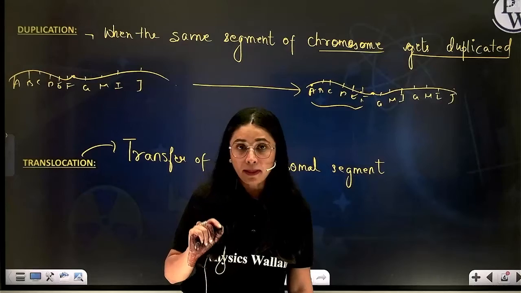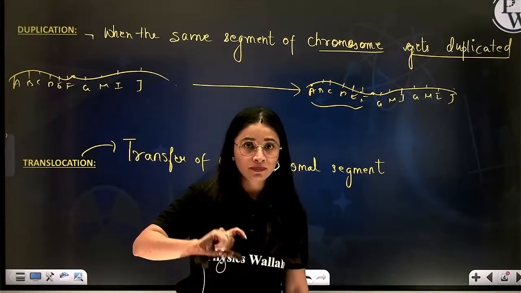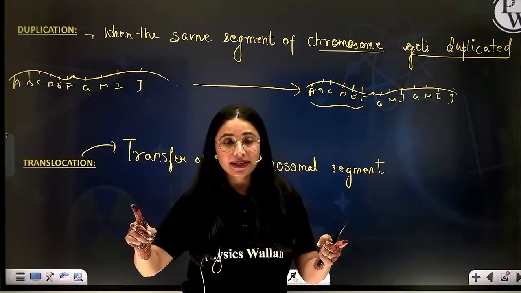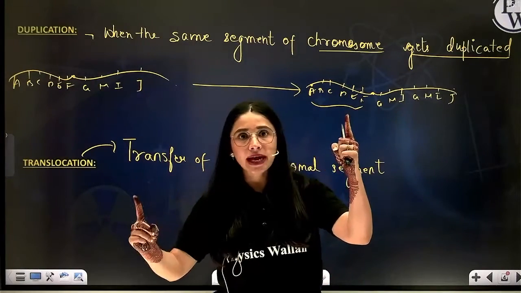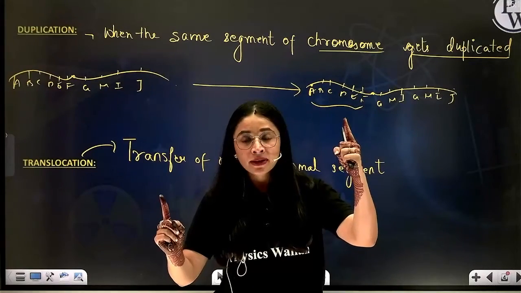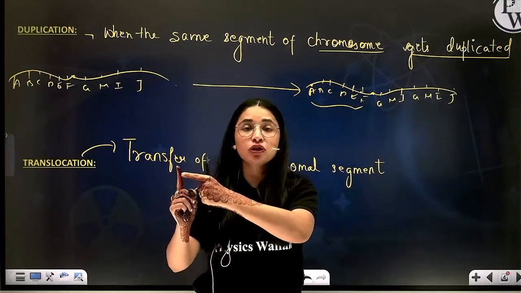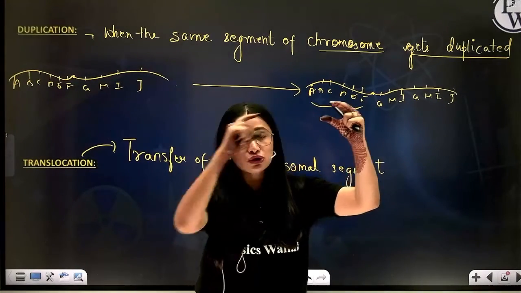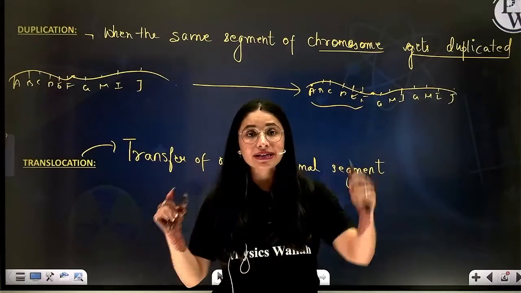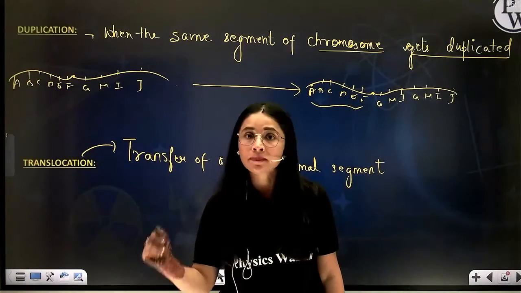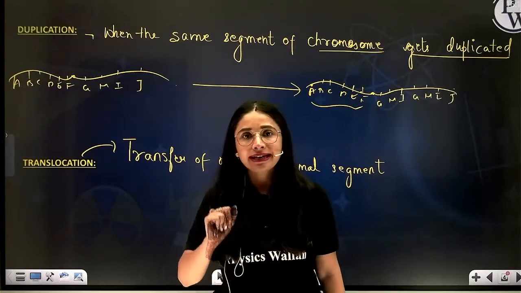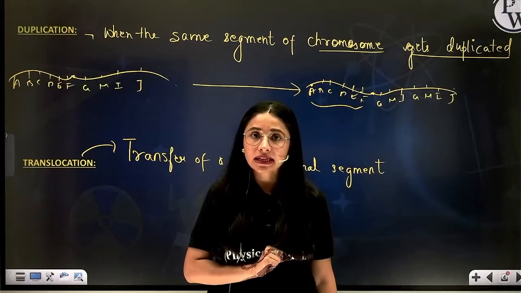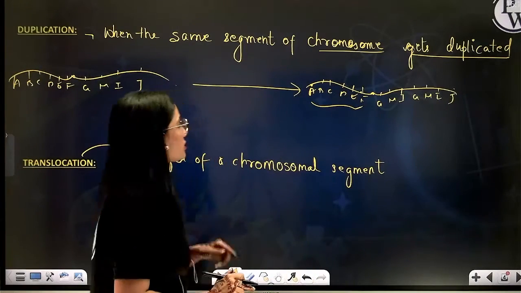If a part of chromosome 22 gets shifted to chromosome 9, if crossing over takes place between chromosome 22 and chromosome 9, now these two are non-homologous, but if still exchange of genetic material takes place between them, then this is known as illegitimate crossing over, and it causes a type of cancer called Philadelphia cancer. Correct? Understood? So what is translocation?